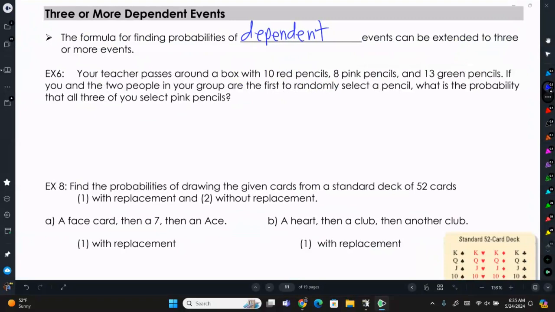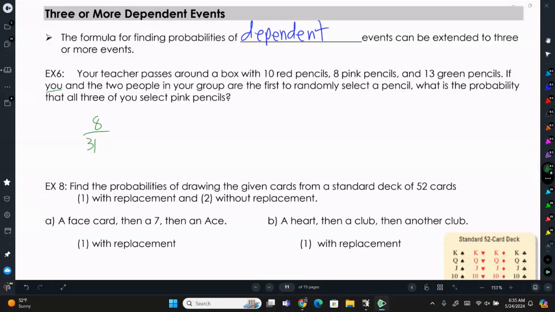So let's go person by person. So the probability that the first person in your group, let's just say that it's you, selects a pink pencil. Well, we have 8 pink pencils out of how many total? 31. Right?